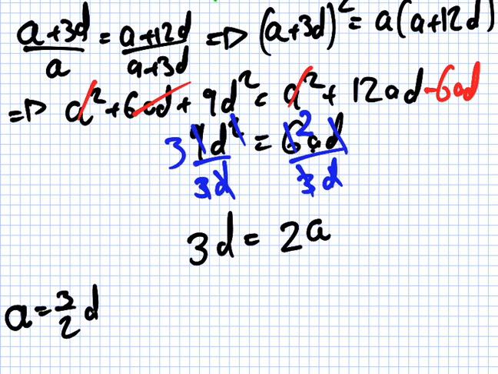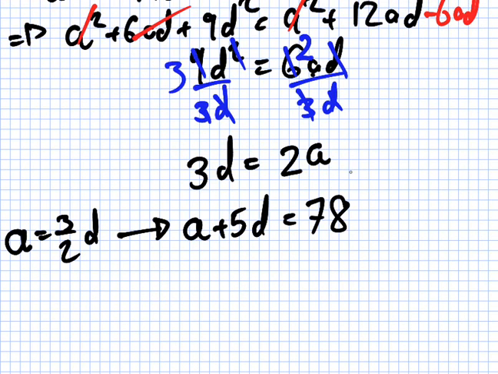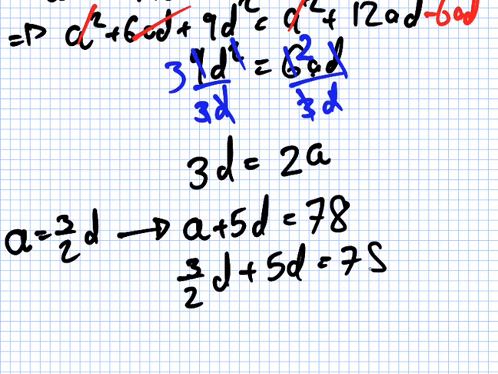But you're also told in the question that the 6th term of the arithmetic series is 78. So that means a plus 5d equals 78. A simple substitution here will let you solve the problem. You now know that 3 over 2 d plus 5d equals 78.